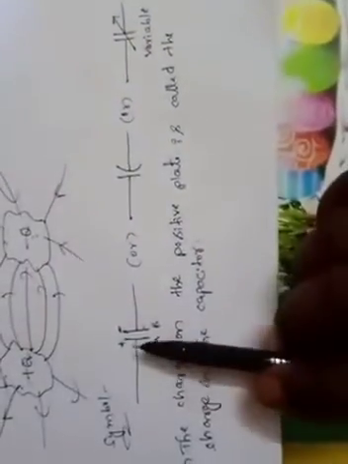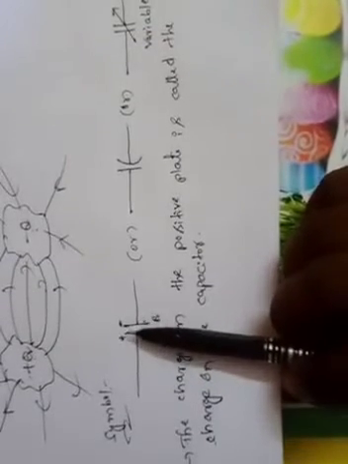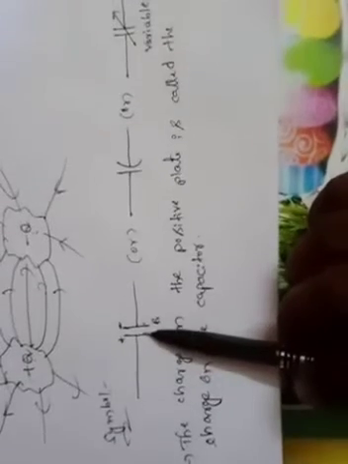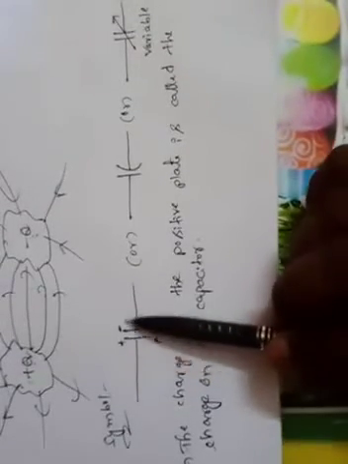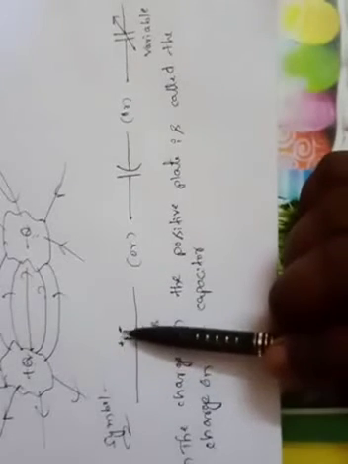Whatever charge is given on the positive plate is said to be the charge on the capacitor. And remember, these two magnitudes will always be the same and the signs will be opposite.